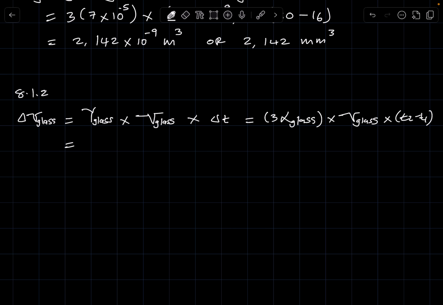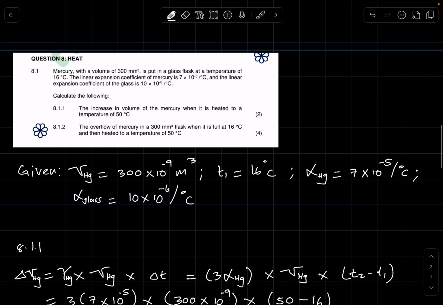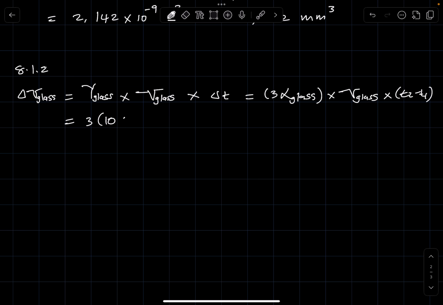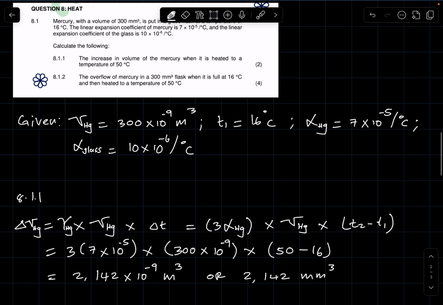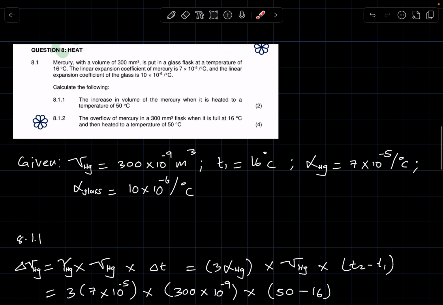So this will be equal to 3 times the linear coefficient of expansion of glass, which is 10 times 10 to the negative 6, times the original volume, which is 300, so 300 times 10 to the negative 9. That remains the same, because the capacity of the flask is also 300, and we already worked out how to express 300 cubic millimeters in cubic meters.